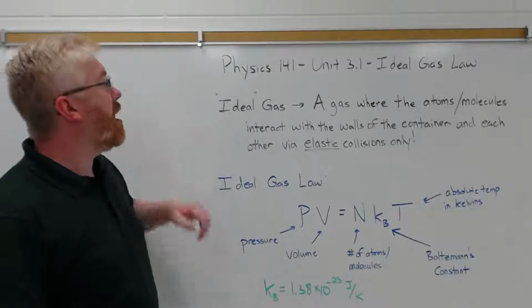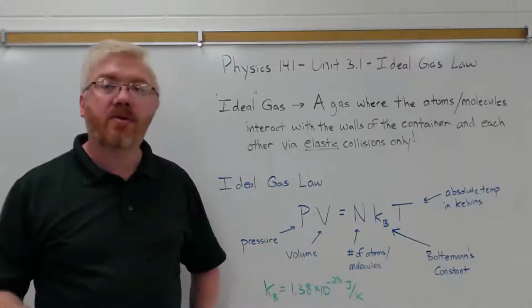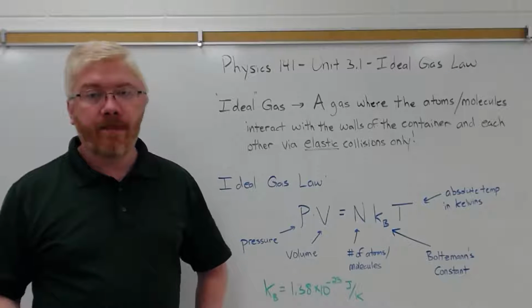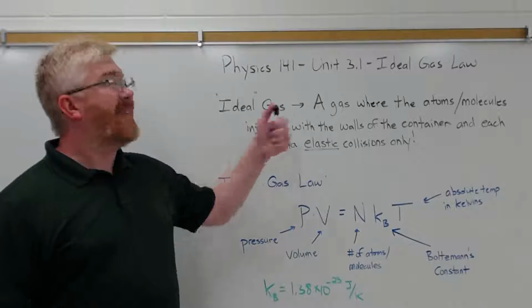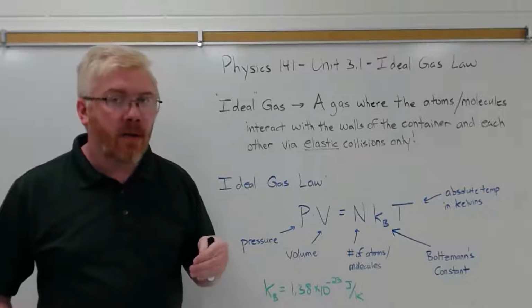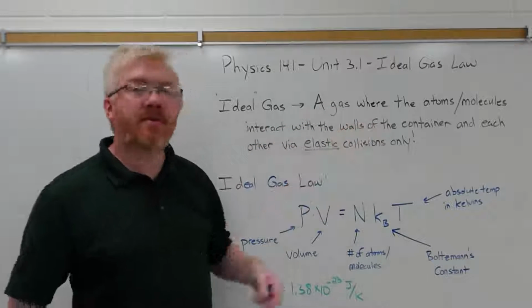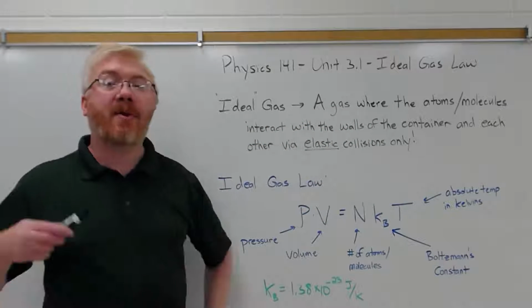So we can talk about volume changes for gases using what's called the ideal gas law. Now, this ideal gas law is just that. It works ideally, or for ideal gases. What is an ideal gas? Well, it's a gas where the atoms or molecules... So some gases are atoms, like helium.